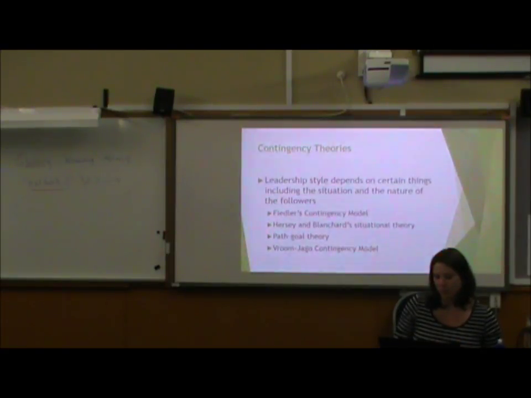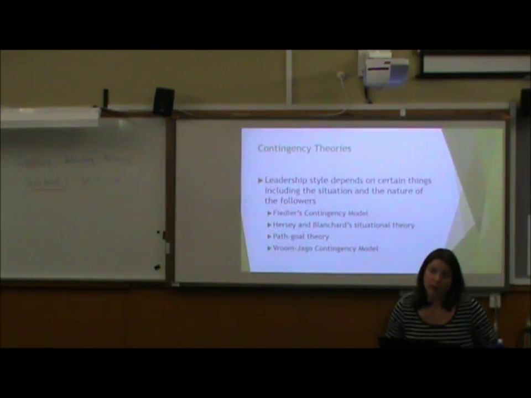And then they also linked that in with how well defined the tasks were. So there's a diagram on page 58. And the level of power that the leader also has was important as well, whether it was strong or weak.